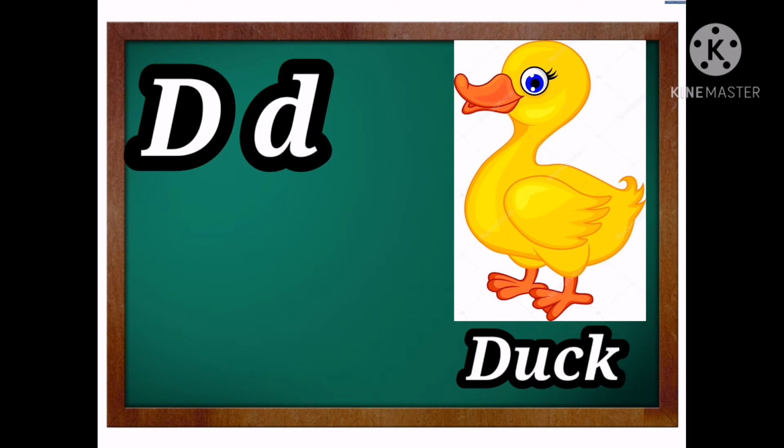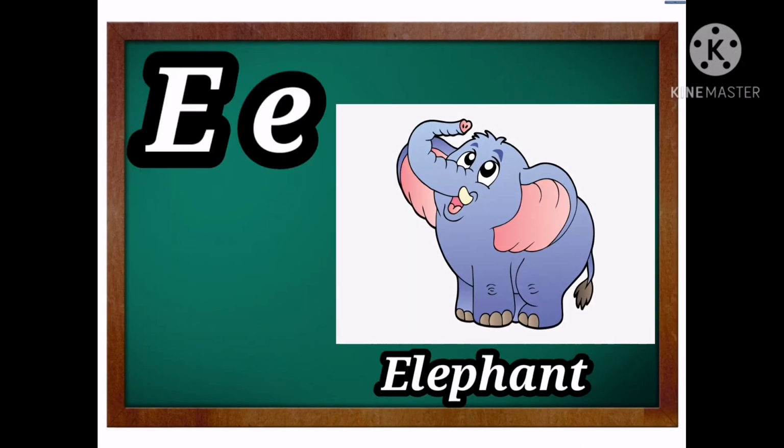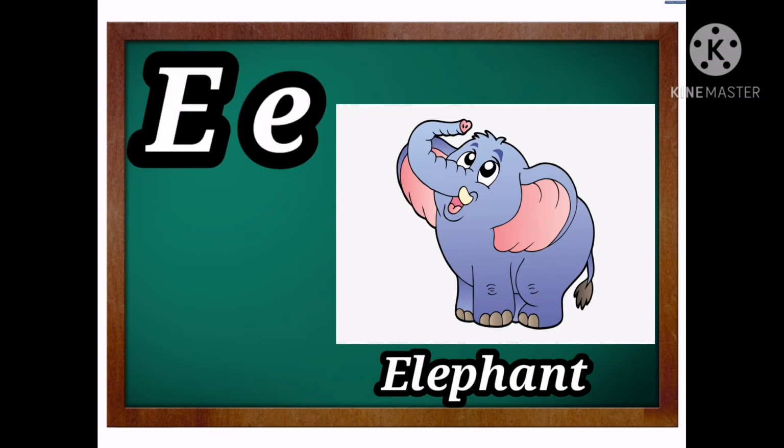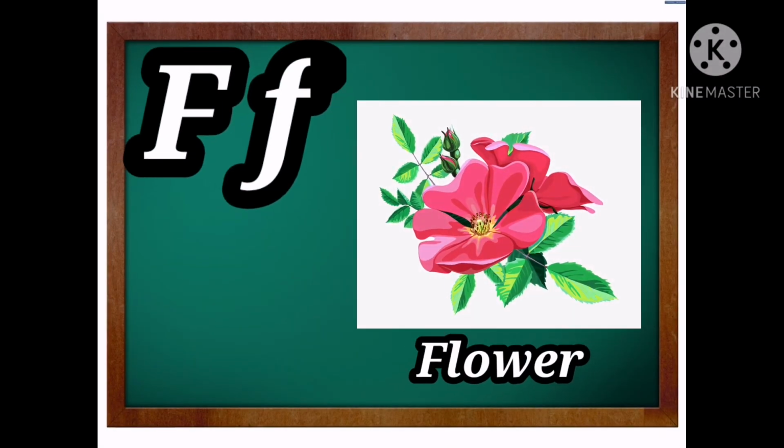Learners, impressive. E for elephant. Learners, impressive. F for flower. Learners, very good.